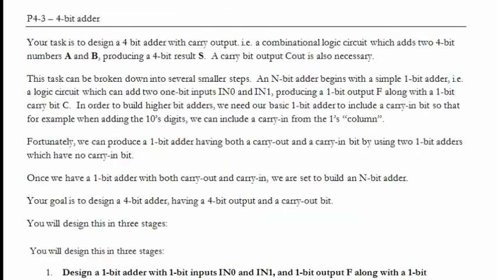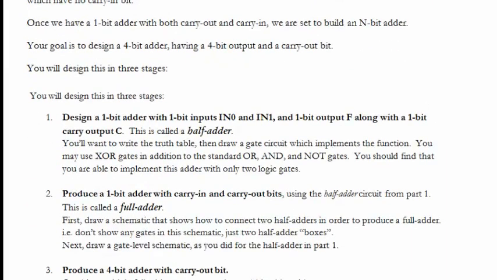All right, I want to tell you a little bit about this 4-bit adder, problem 3. Let's do a little decimal arithmetic. Suppose that you want to add 18 and 14 together.